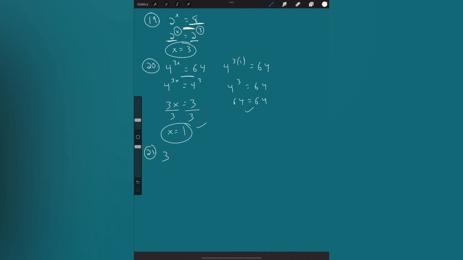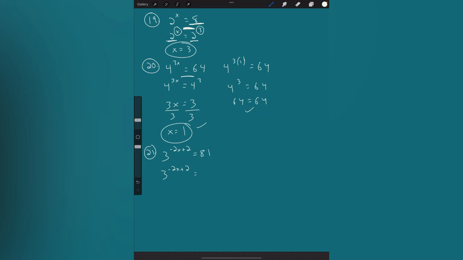Number 21 is 3^(-2x+2) equals 81. All right, so once again, I can rewrite this. 3 to the what power equals 81? 3 squared is 9, times 3 is 27.